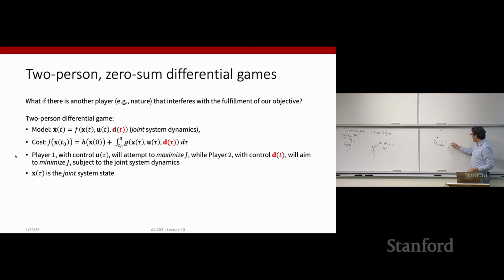Of course, if you are unfortunately dropped here, most likely there is not much you can do. No matter how you maneuver, at some point, the car is going to hit you. Then the question is, how do we formulate all of that in a mathematical form so that we can actually find the controls U, D, and then the subset of the state space with a guarantee that if you start there, then nothing is going to happen to you.